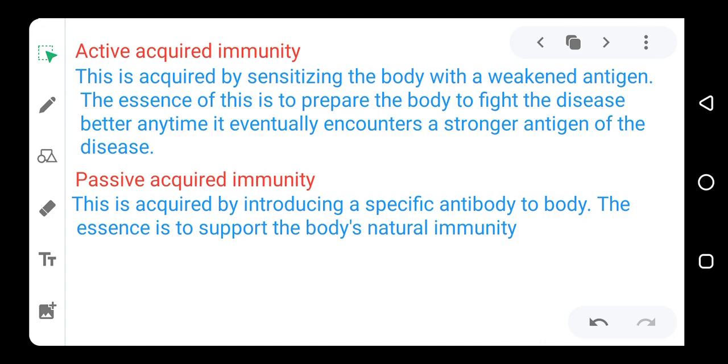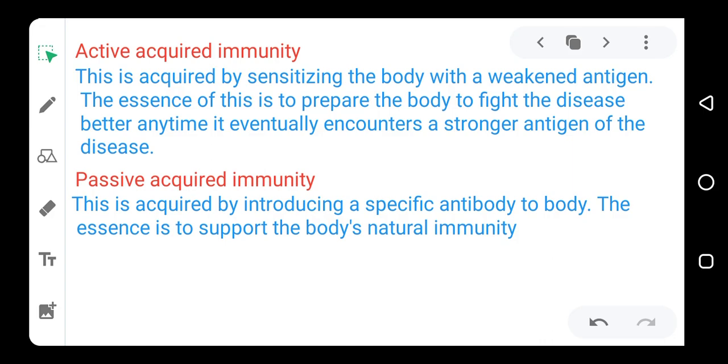So it's like getting the body to know how the enemy looks. You want to fight with somebody, or your country is preparing for a war with another country. Then you go to the country and get a sample of how those people look. Are they black? Are they white? Are they always tall or are they always short?